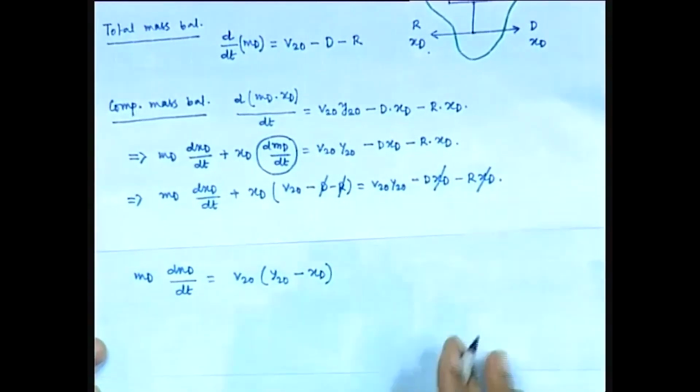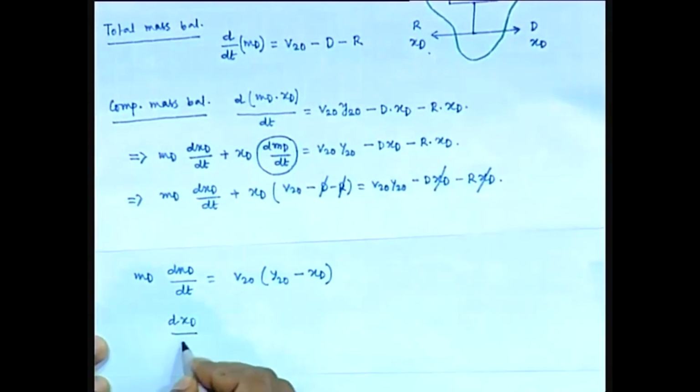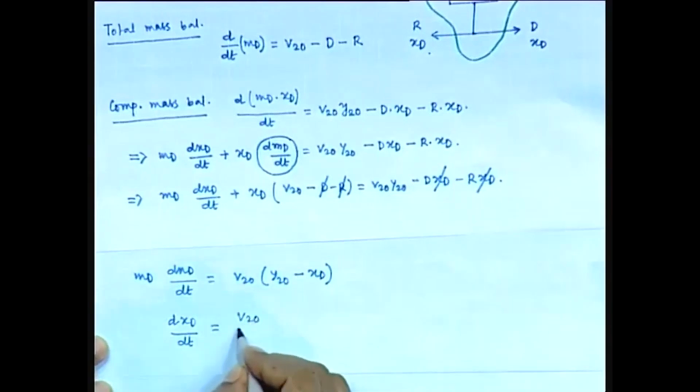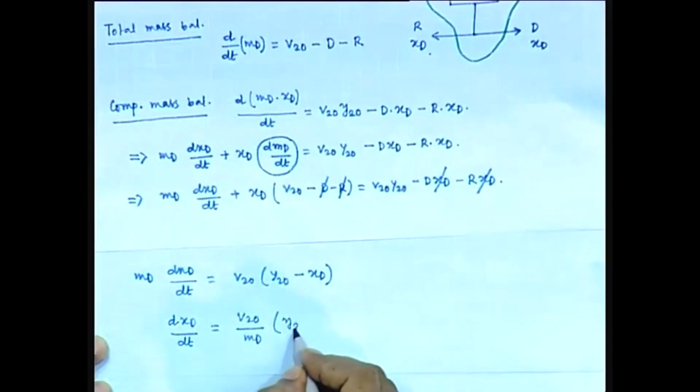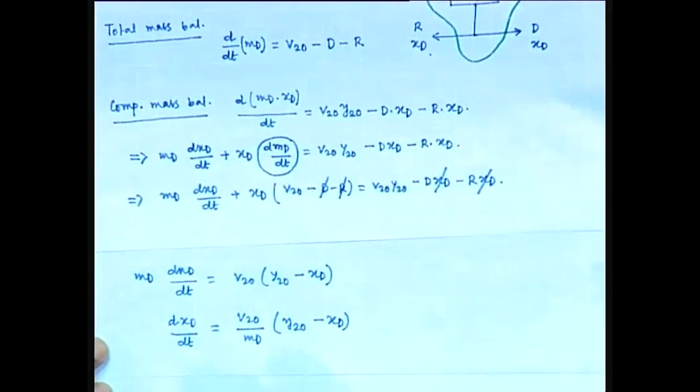If we further simplify, we will get dxD/dt equals V20 by Md times (Y20 minus xD). So, this is the final form of the component mass balance equation for the first envelope.